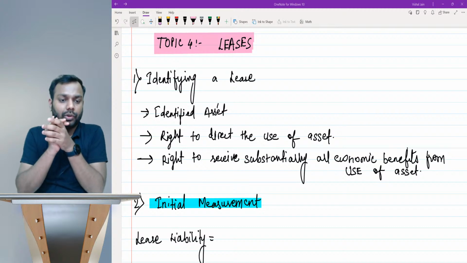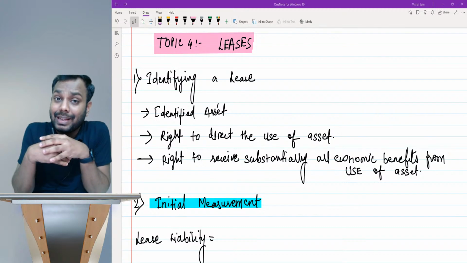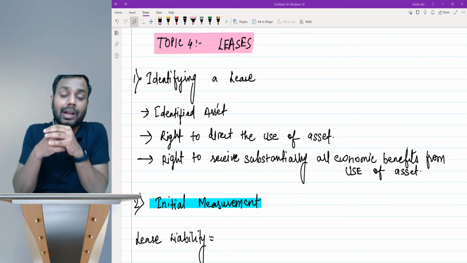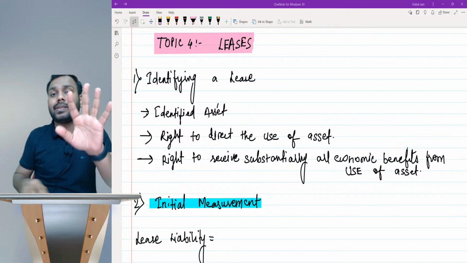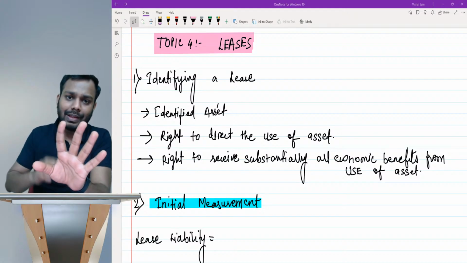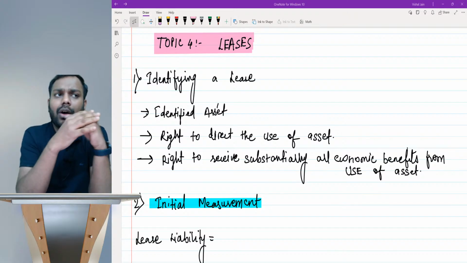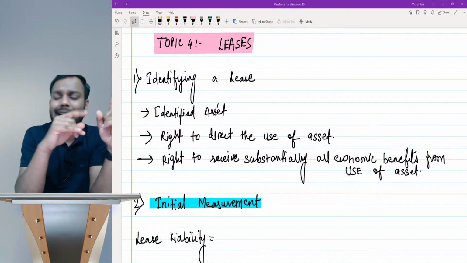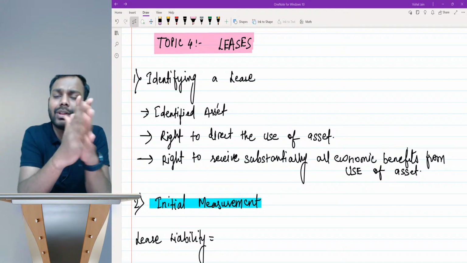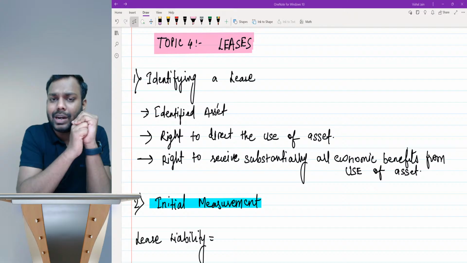Leases. So guys, when we have to discuss the lease, let's first understand what a lease is. As we have discussed in our classes, a lease has 5 components. A lease will have a contract, where a lessee and a lessor enter into a contract with each other.